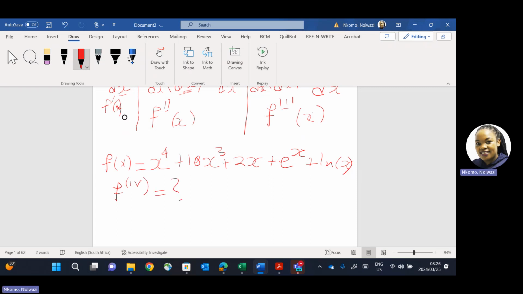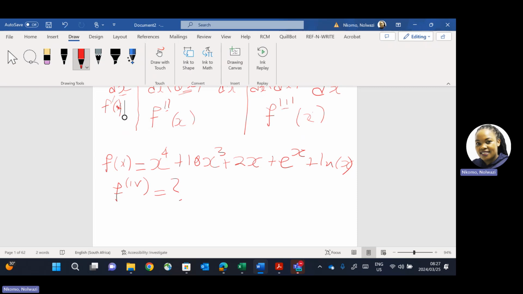This means you have to differentiate this function 4 times. For that, you first find the first derivative, then the second, then the third, then the fourth. You find the fourth derivative by differentiating the third derivative, the third by differentiating the second, and the second by differentiating the first derivative.